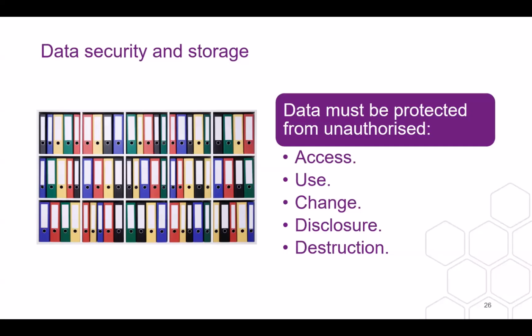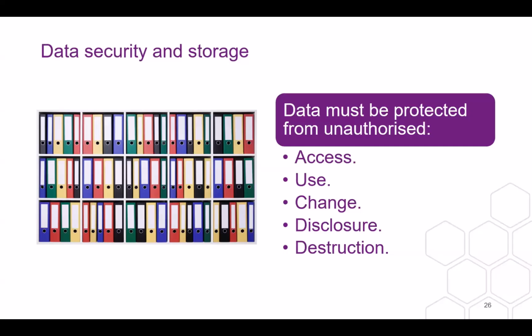At all times, research data must be protected from unauthorized access, use, change, disclosure, or destruction. In the past, before storage systems improved, there were cases where data was accidentally destroyed before findings could be published.